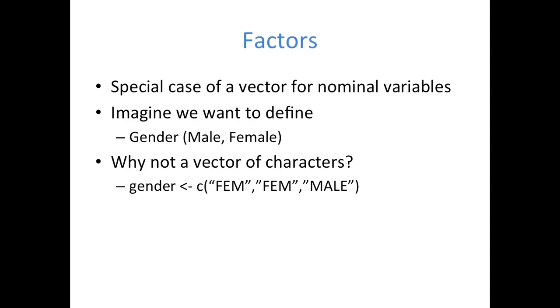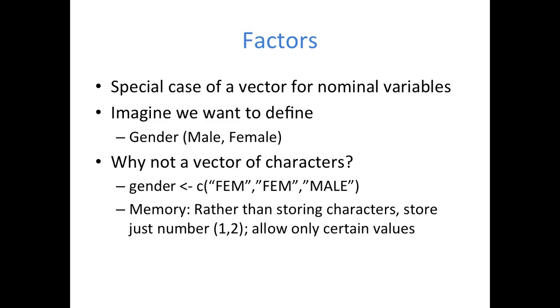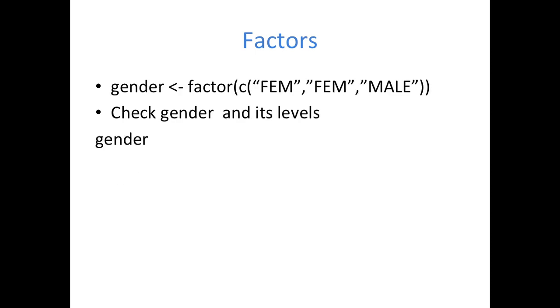We could initially create a vector of characters named gender, and for each element, define the gender that the person has. But in fact, that would occupy a lot of memory, because fem is 3 characters and male is 4 characters. So why not just assign a number instead of a set of letters? And that's where factors come in.